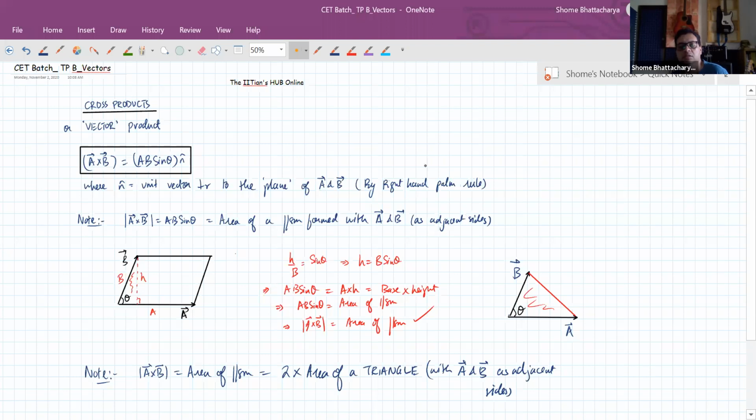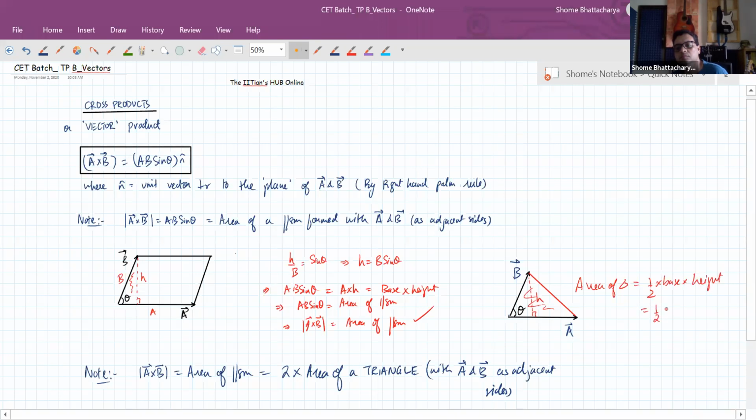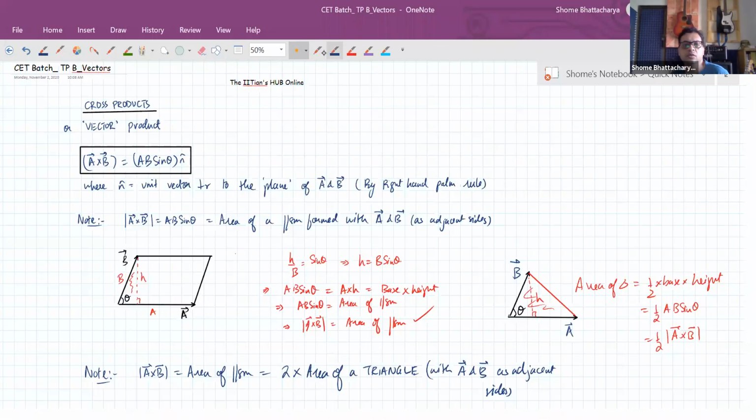So it's the same thing really. You drop this perpendicular, this height, and this base. So area of the triangle, whether you're thinking of this triangle or you can also construct the triangle in this manner.